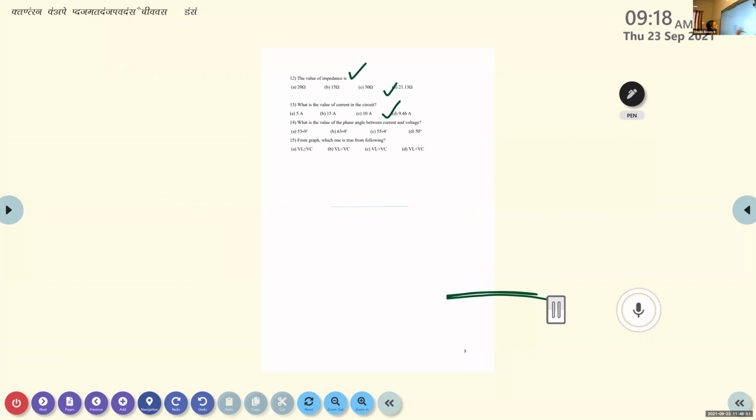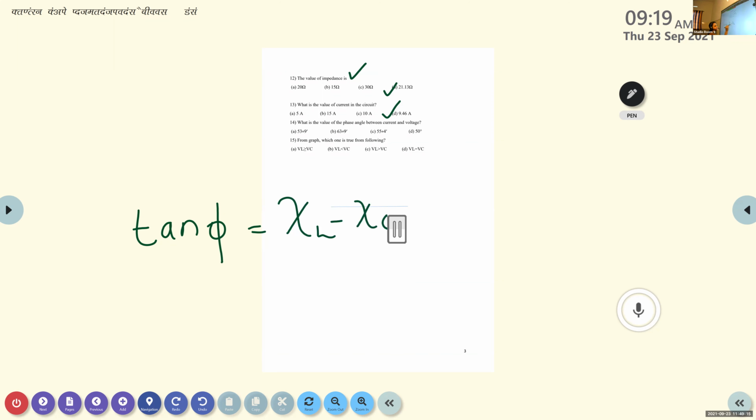Then question number 14. What is the value of phase angle? So many questions are repeated, like calculate the phase angle or phase difference. If you find a question like that, the equation is tan phi. Tan phi is equal to X_L minus X_C divided by R. This is the general equation for calculating the phase angle.